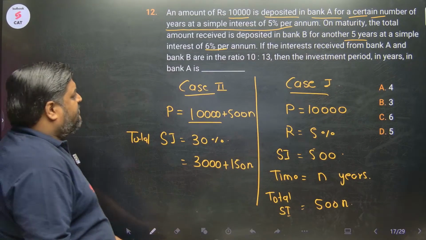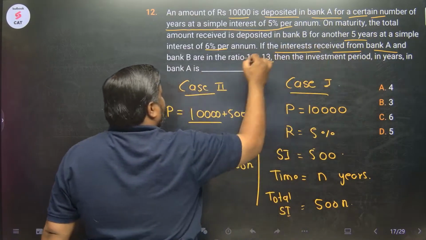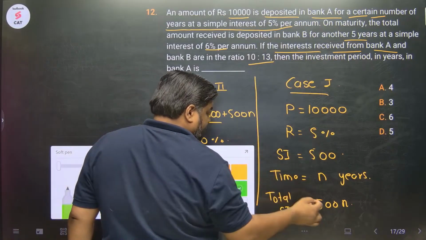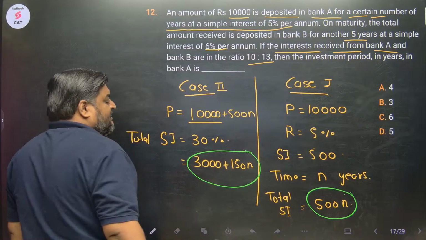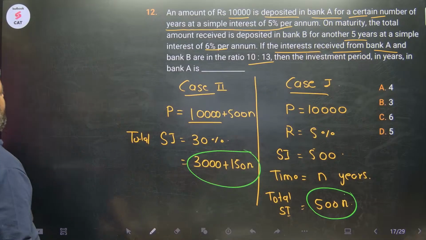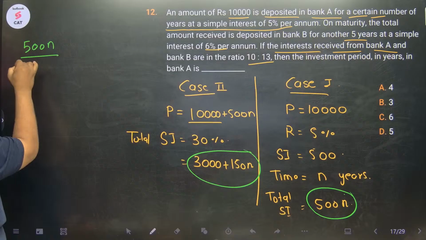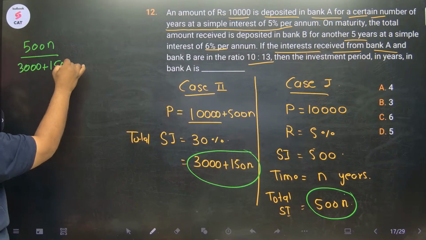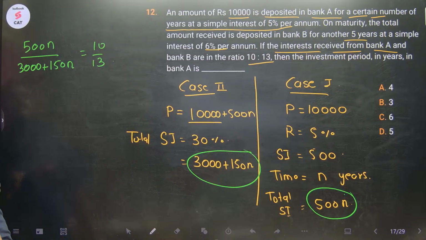एंड if the interest received is in the ratio 10:13, so ये जो interest है, interest from first case and interest from second case, these are in the ratio 10:13. So what we can do, 500n upon 3000 plus 150n equals 10/13.